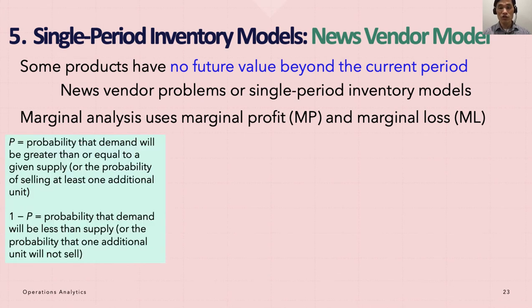This relationship is expressed like this. We have probability P that demand will be greater than or equal to a given supply, and 1 minus P is the opposite of that, the probability that demand will be less than the supply.